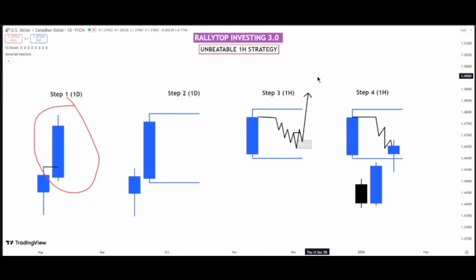If you find a break of structure to the upside, it is a clear indication that the smart money is about to push price higher. If you find a break of structure to the downside, it is an indication that the big players want to move price lower. So you need to make good use of this information I'm giving to you now.